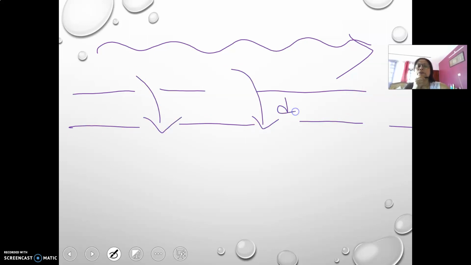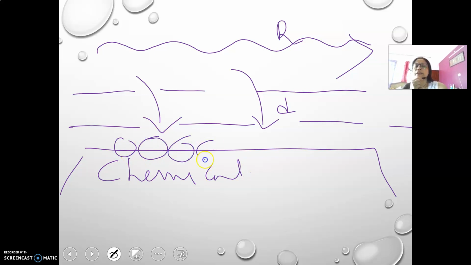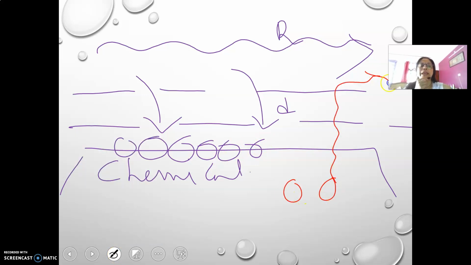If they get diffused, they may undergo some kind of chemical reaction with the surface, and that will result in some absorption on the surface. And after absorption, if this results in the formation of some unwanted molecules, these will be removed as byproducts. So this is the sequence.